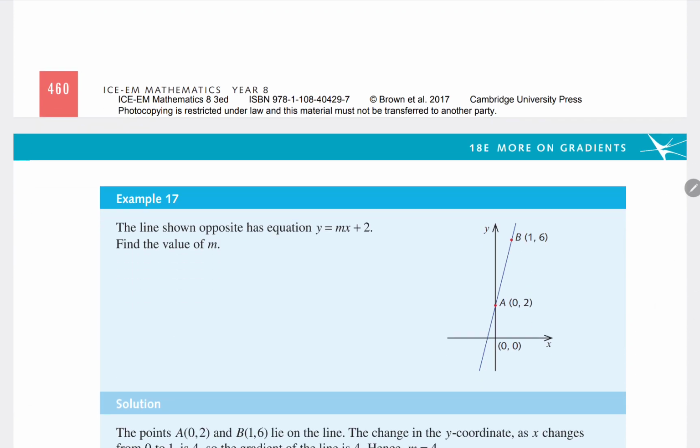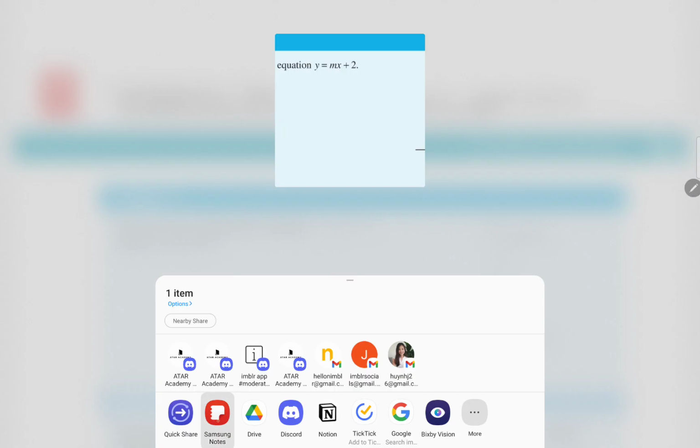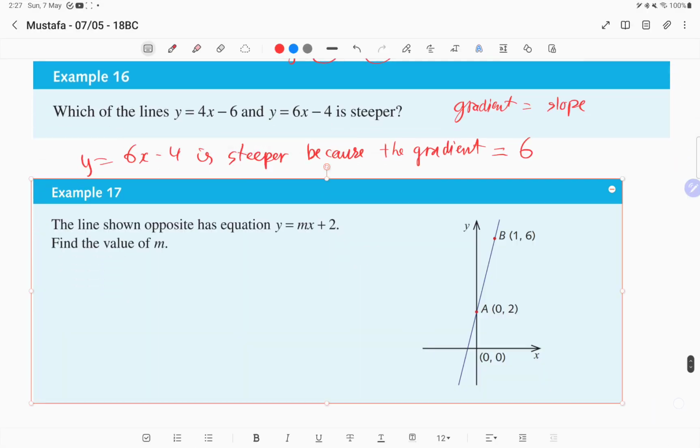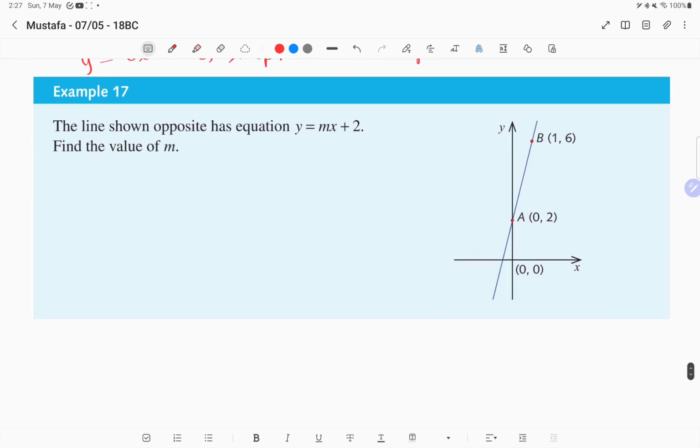What's the value of m? How do we find the value of m in this equation here? What is m? m is the gradient, right?